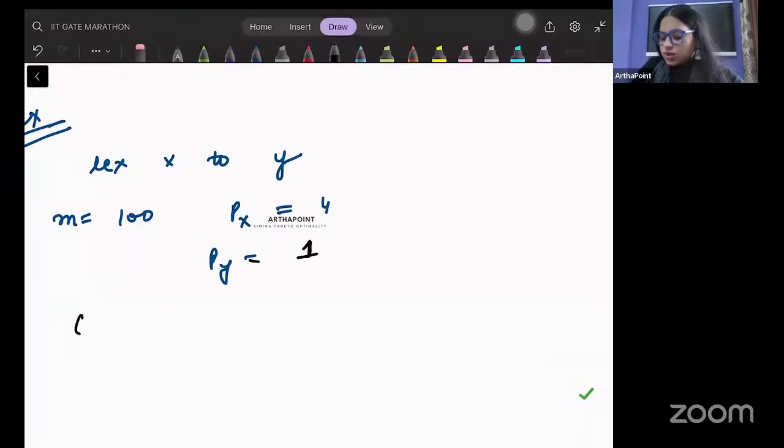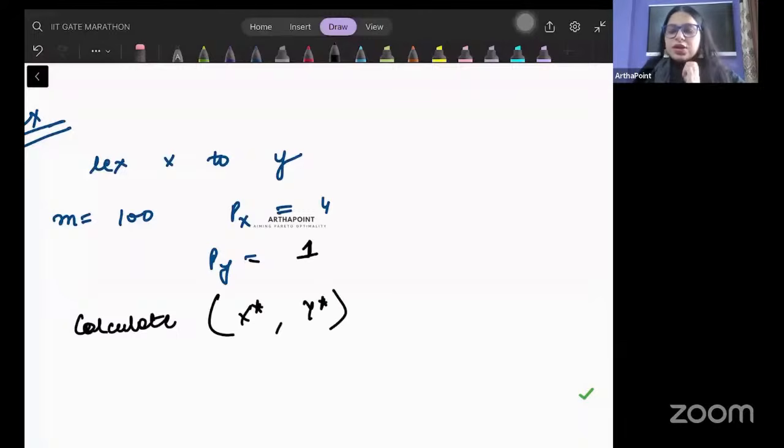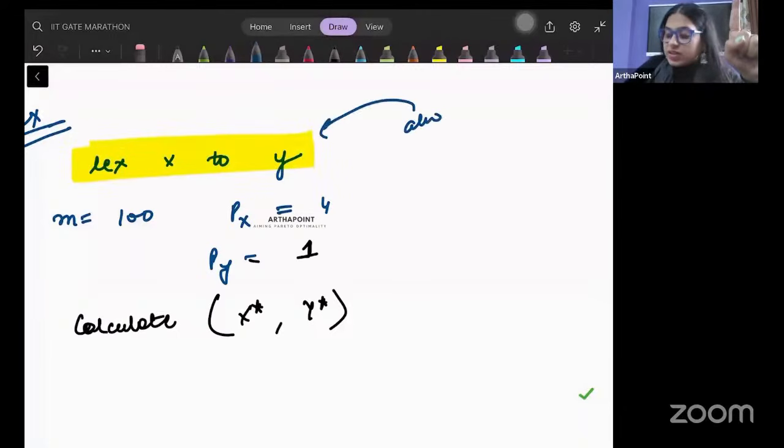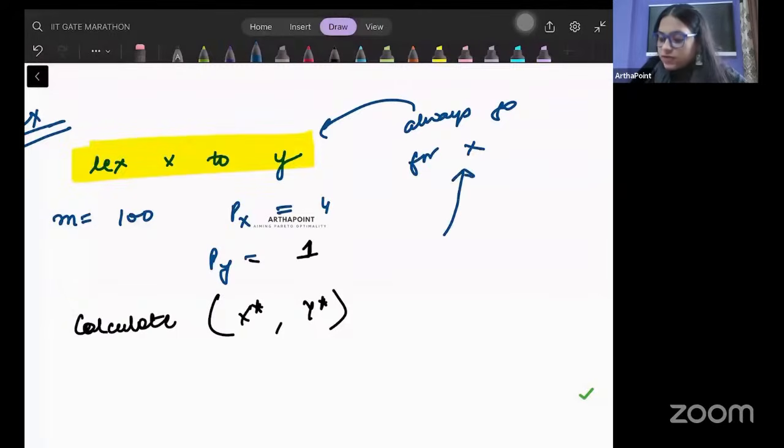And then they ask you to calculate the optimal bundle x star, y star. So lex x to y means that the consumer will always go for x. Even when x is expensive, I don't care what the price of x is. I will always spend all my income on good x.